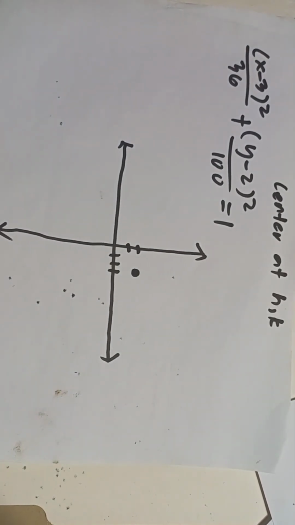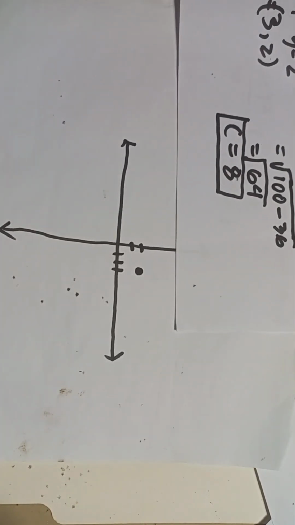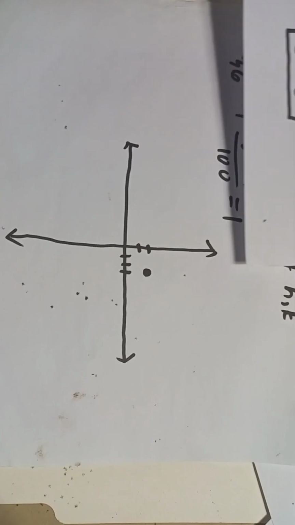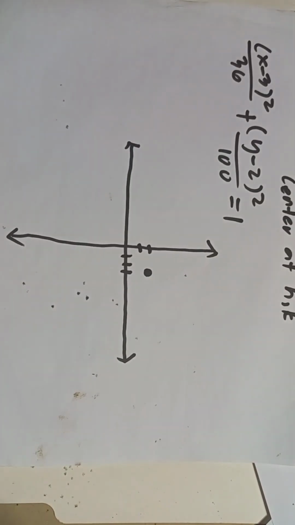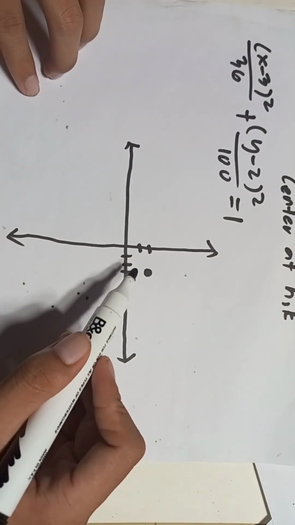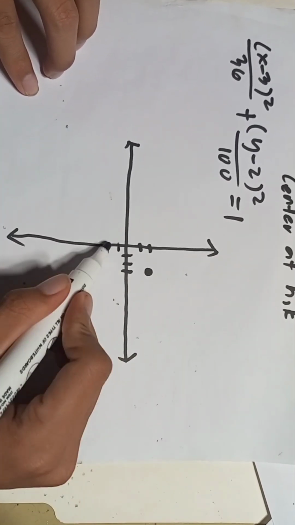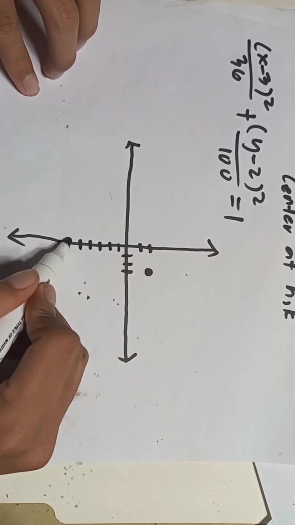Our foci is at c, which is 8. So now we are going to count 1, 2, 3, 4, 5, 6, 7, 8.